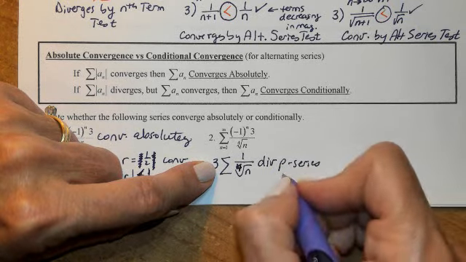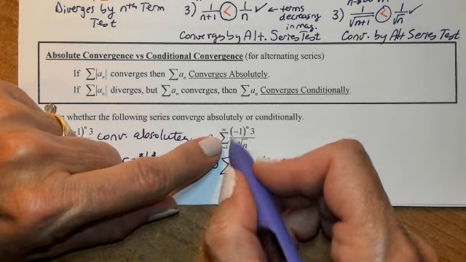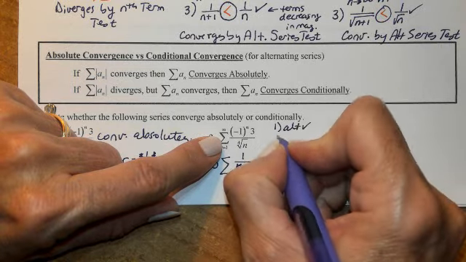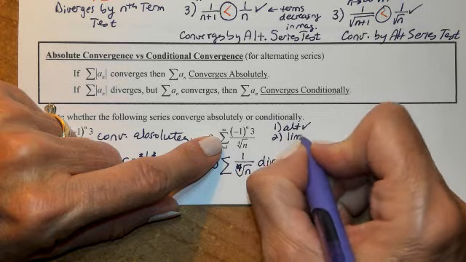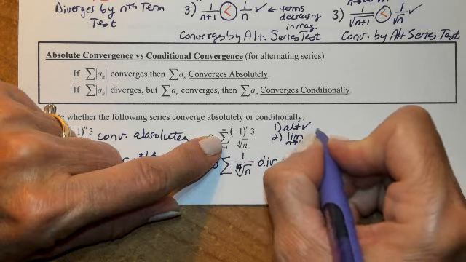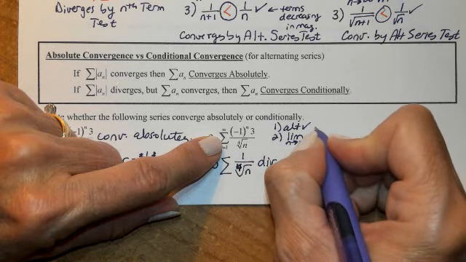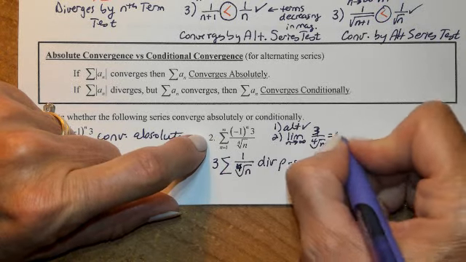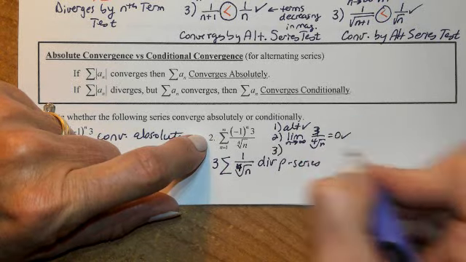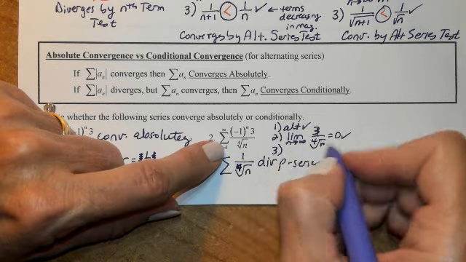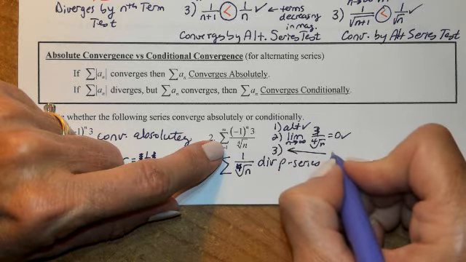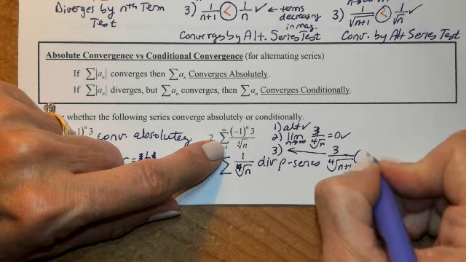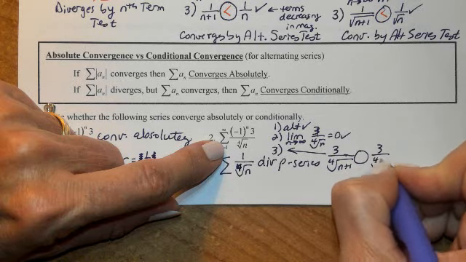So since it diverges, I need to go back and go through my steps here. Is it alternating in sign? Yes. Is the limit 0? I can keep the 3 up there if you like. Is the limit 0? Yes. Is it decreasing in magnitude? Let me come over here. Is 3 over the 4th root of n plus 1 less than 3 over the 4th root of n?